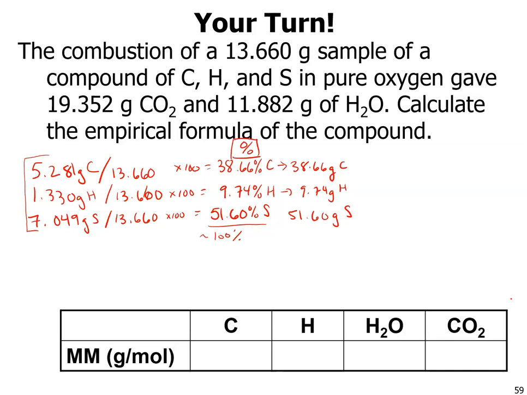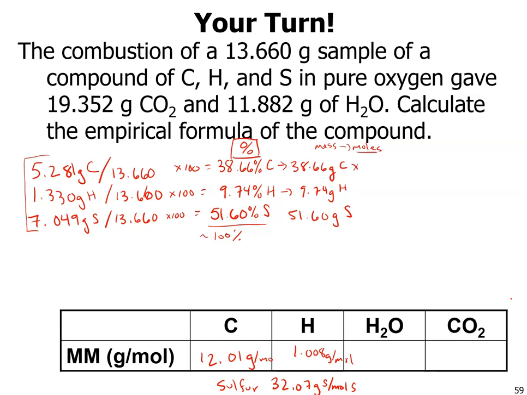So we have grams of carbon, and I know from looking that I have 12.01 grams per mole for carbon, 1.008 grams per mole for hydrogen, and then sulfur, looking at the periodic table, is 32.07 grams of sulfur per mole of sulfur. So we can use these grams, percent to mass, now mass to moles, and we do that with the atomic masses.